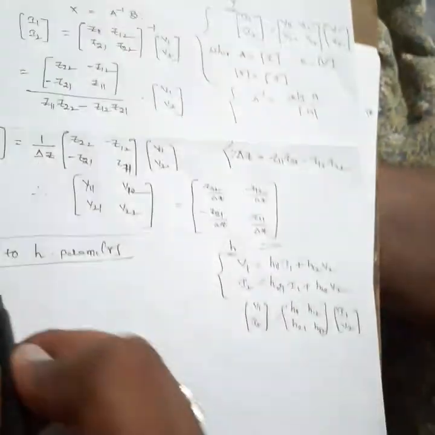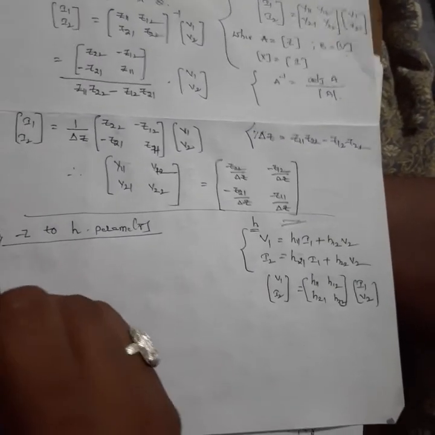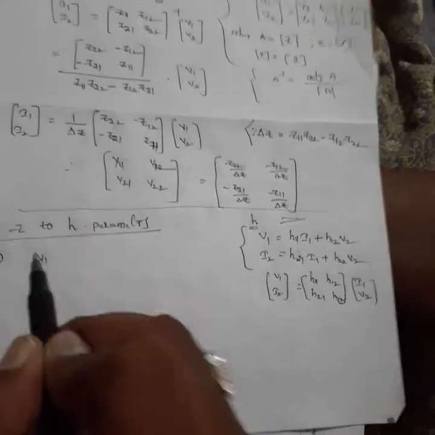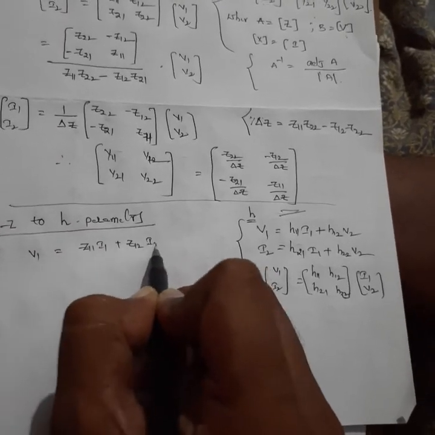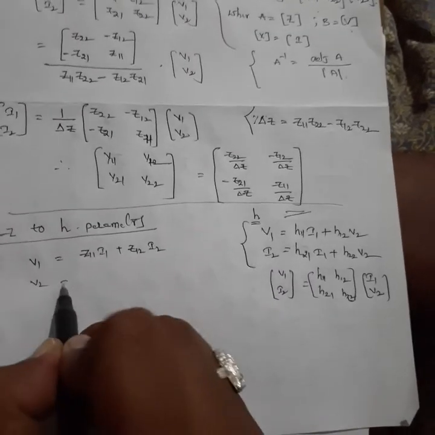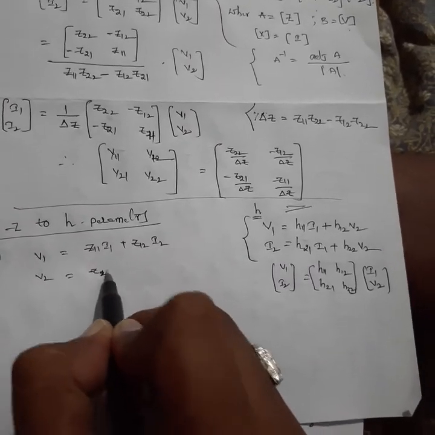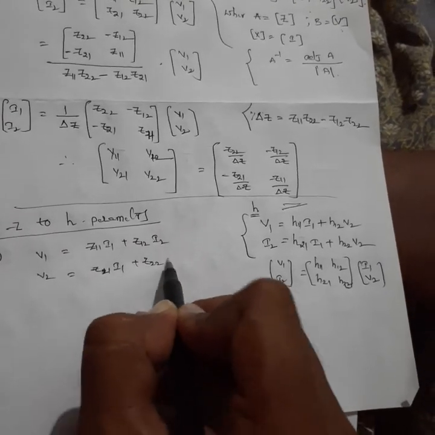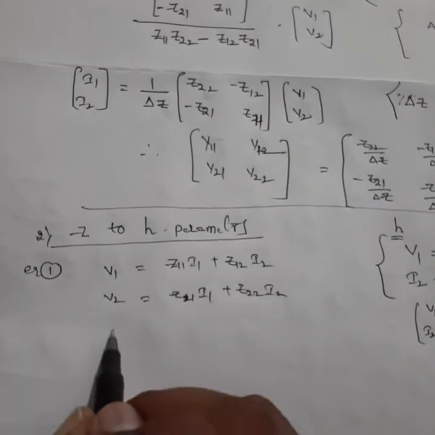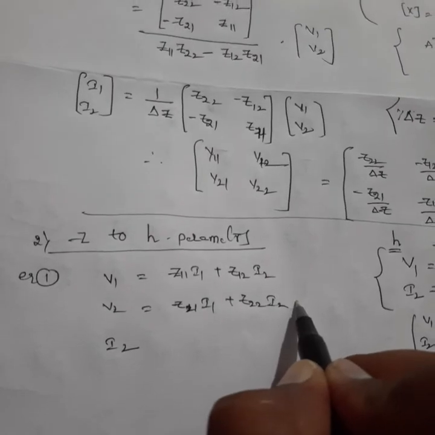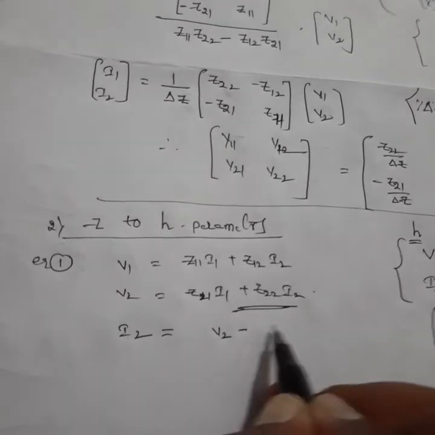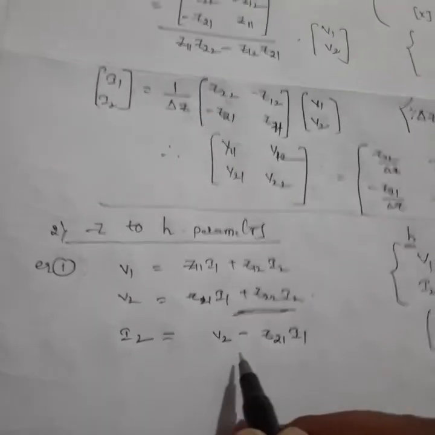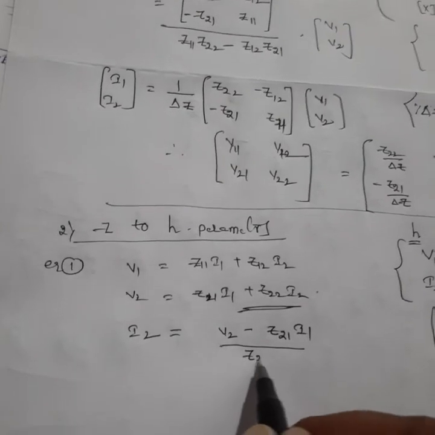For the Z parameters we know equation 1: v1 equals z11 i1 plus z12 i2, and v2 equals z21 i1 plus z22 i2. From these equations I calculate i2, which equals (v2 minus z21 i1) by z22.